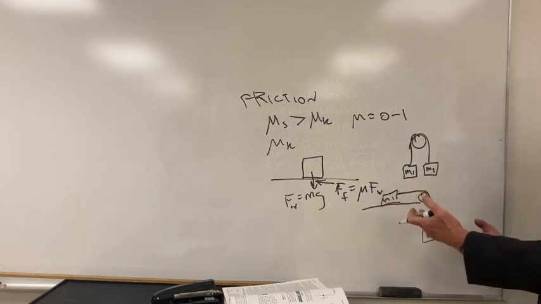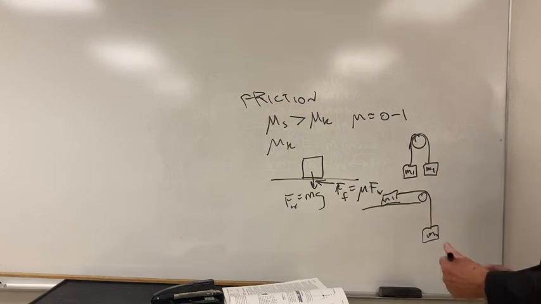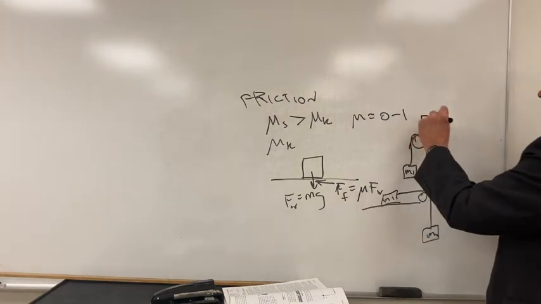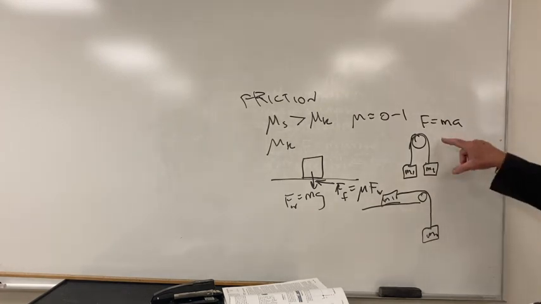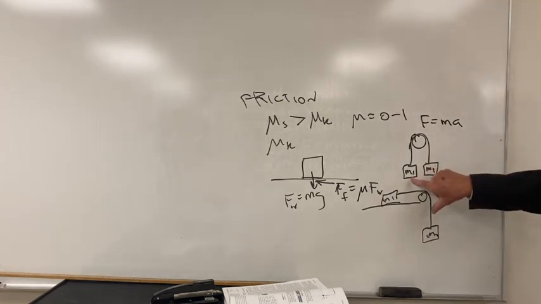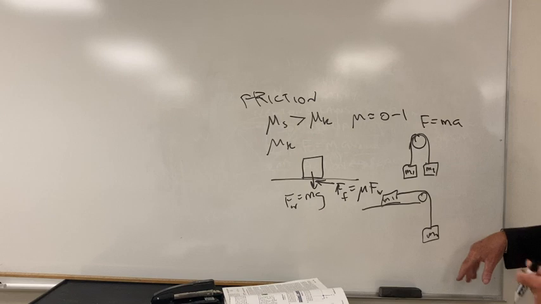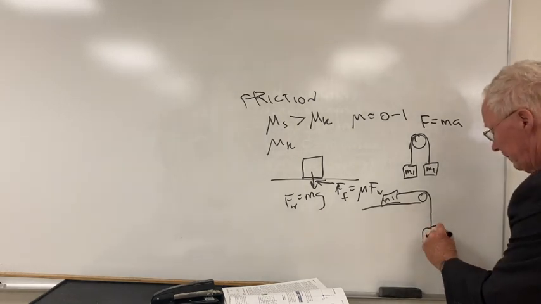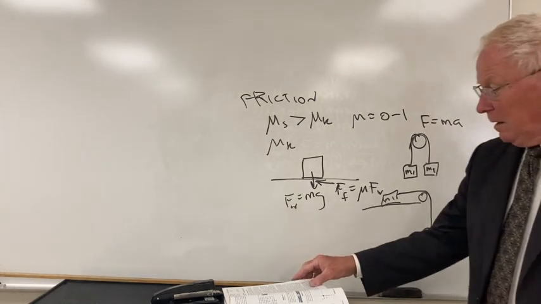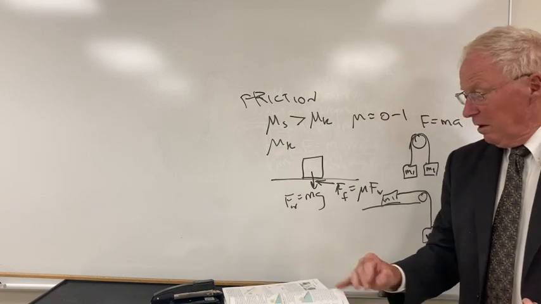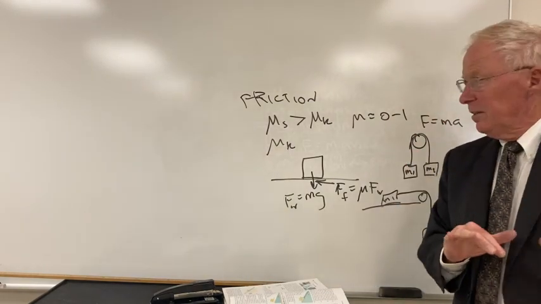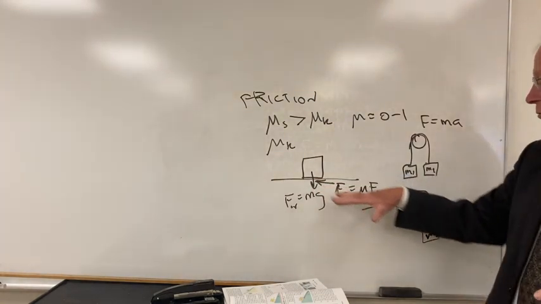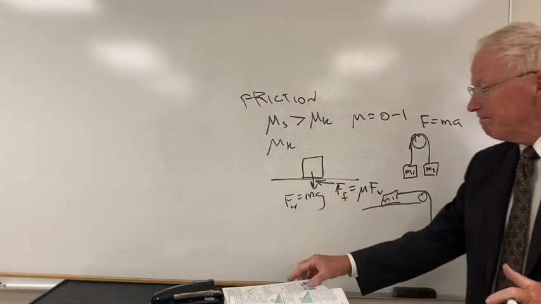So for M1, the force and acceleration using Newton's F equals ma is related to the applied force. It depends on whether these oppose each other. Here you only have M2 acting, so this should be M2. So that's chapter 4. Again, there's nothing on inclines on the exam. Everything with friction relates to a flat surface.